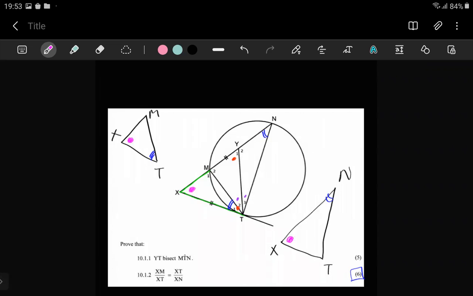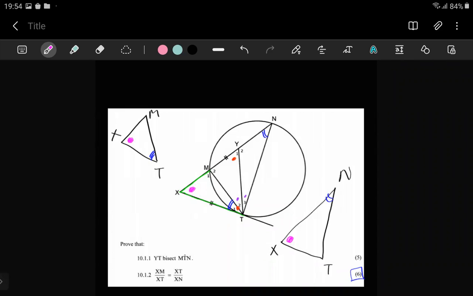We have now identified 2 pairs of angles in both triangles. Those 2 pairs of angles are equal to each other. And the reasons we have to say that those 2 angles are equal are not difficult reasons. For example, the T here equal to this N, we already know they're equal because of the tan-chord theorem. The X here equal to this X, it's a common angle for both triangles.